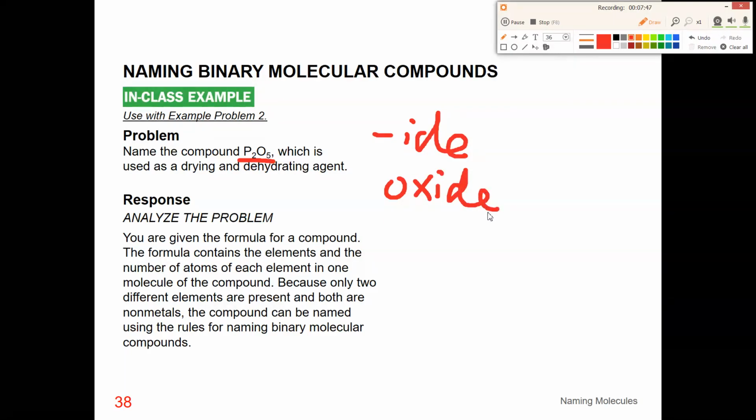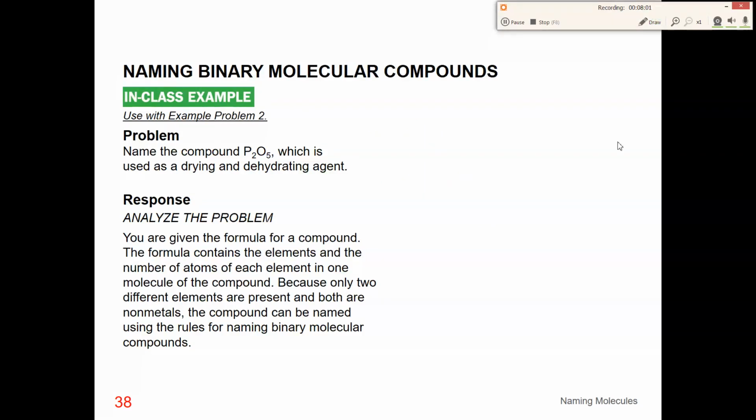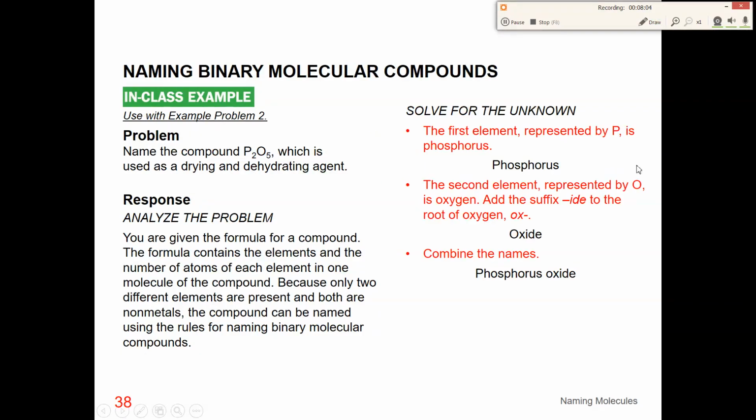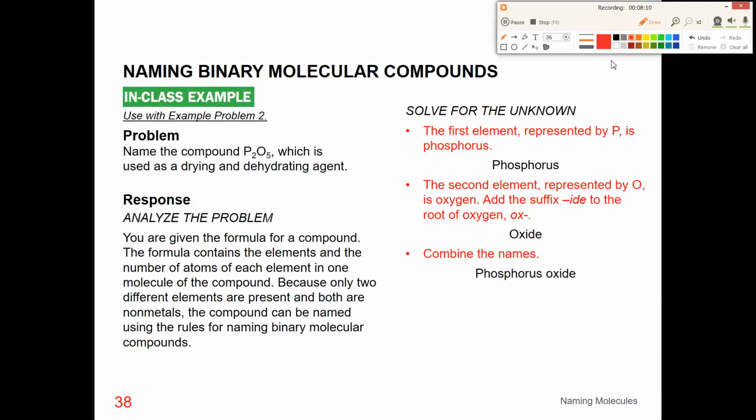Then you worry about the numbers: what prefix you need to put in front of the name of each element. So the first element is phosphorus, the second element is oxide. Combine the names, phosphorus oxide. Then you add a prefix to identify the number of each element.